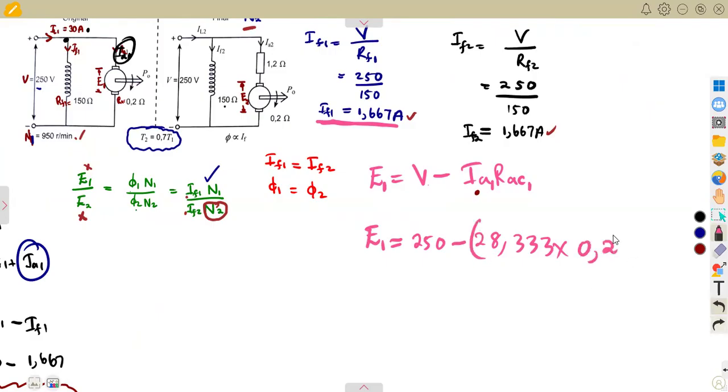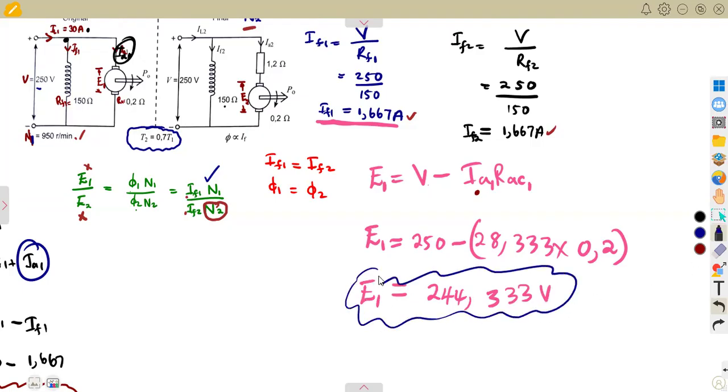This subtracted from 250 gives us the generated EMF, which is 244.333 volts. Okay, we calculated something. This is what you're going to do for each and every part. So we have got E1 now.